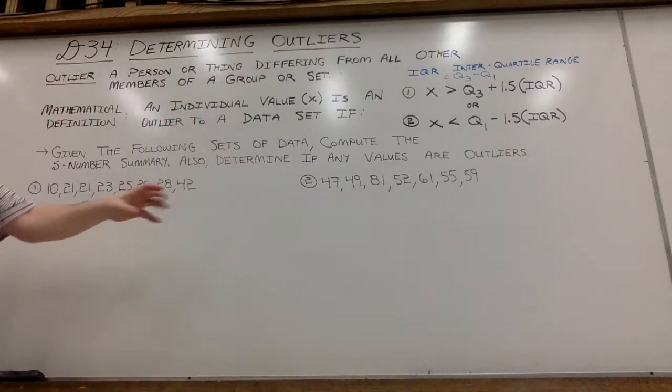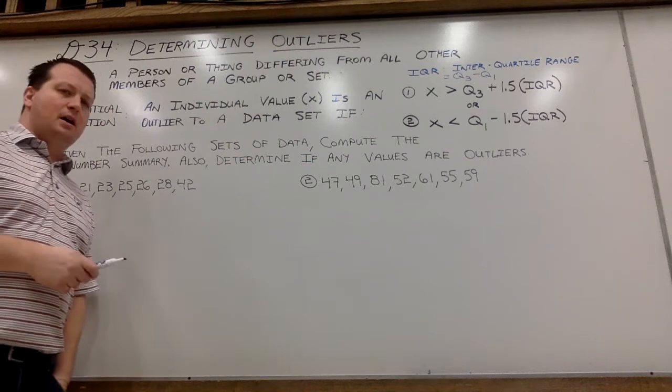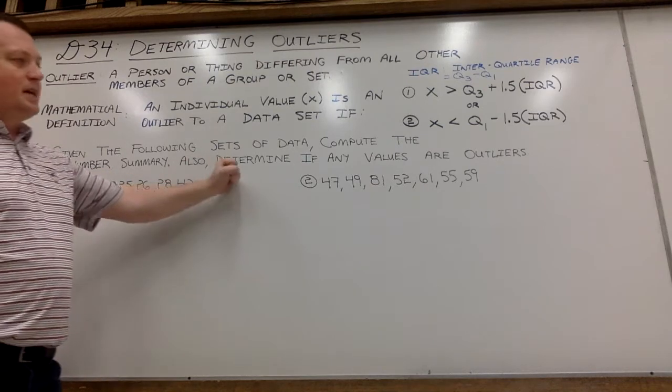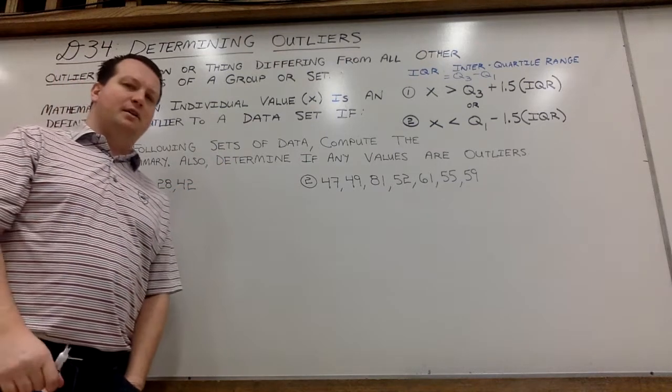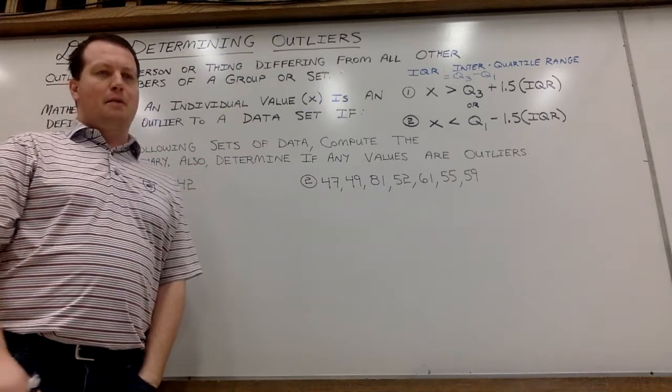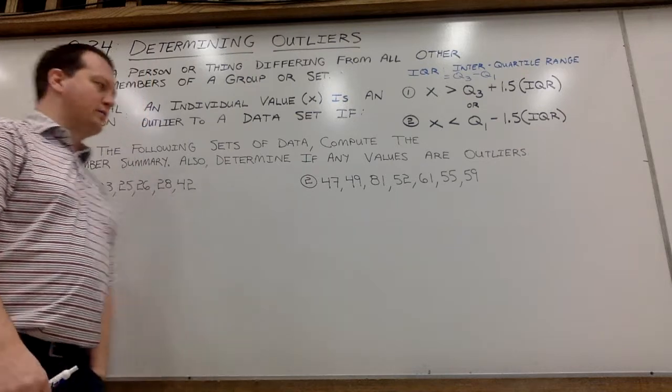So we're going to look at two examples similarly to what we did on daily lesson 33. And we are going to go through and review finding the 5-number summary. And then today we're going to take it one step further and determine if any of those values in the data set are mathematical outliers.